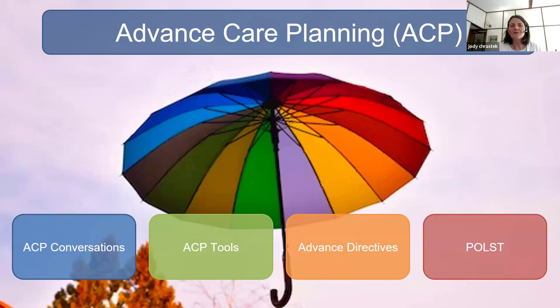And finally, the POLST or MOLST or POST, depending on where you are. This is a medical order written by a prescriber, like a prescription, for specific interventions at end of life. So the emergency medical technicians cannot honor an advance directive, and their default would be full treatment without a POST.